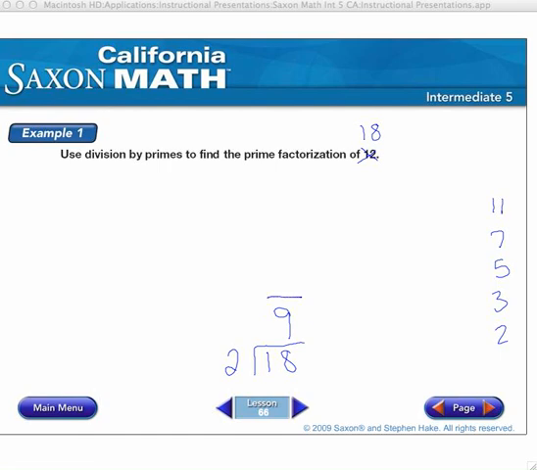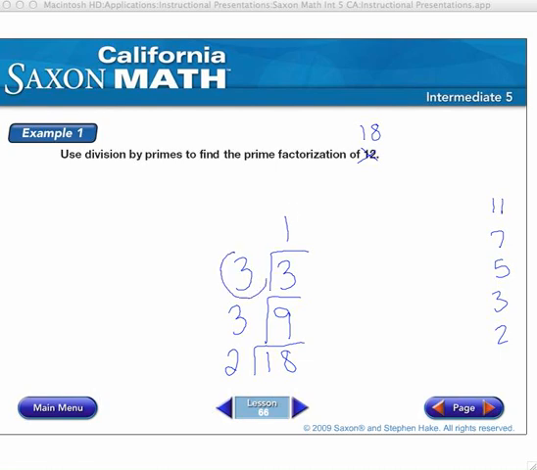Now I'm going to divide 9 by its smallest prime. Its smallest prime is not 2 because it's not even, it's 3. So 9 divided by 3 is 3. I'm going to keep going until I have 1 as my quotient. So 3 divided by its smallest prime, which is itself, 3. 3 divided by 3 is 1.